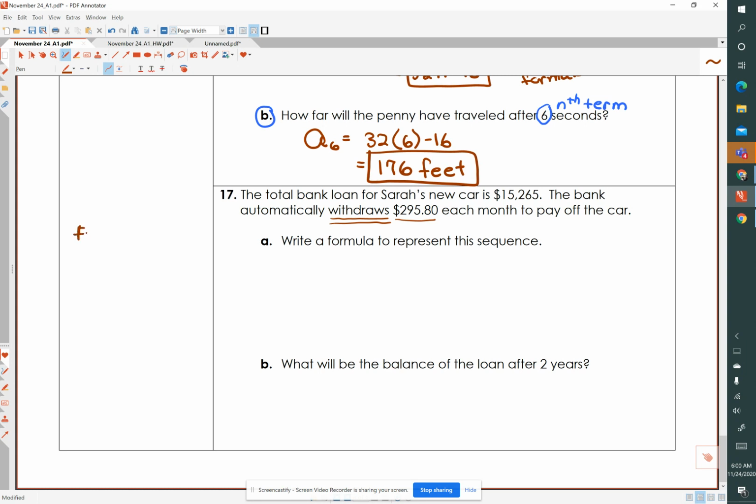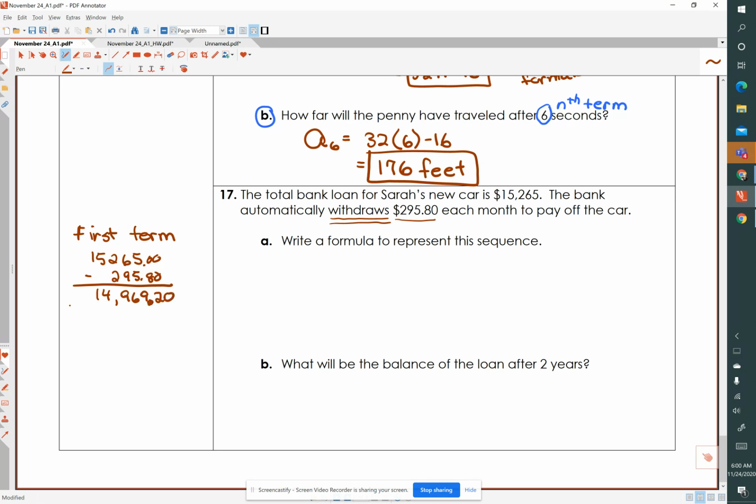The first term, we need to take 15,265 and subtract $295.80, and we will get $14,969.20.